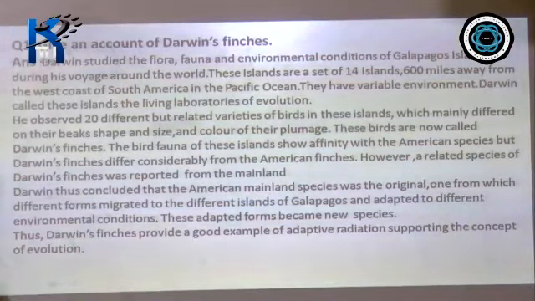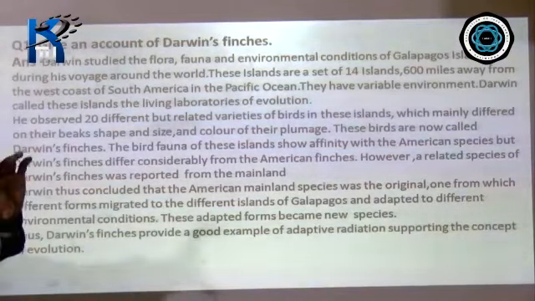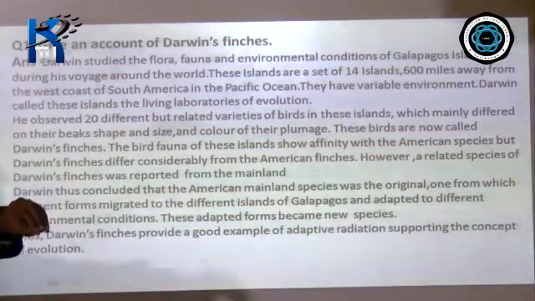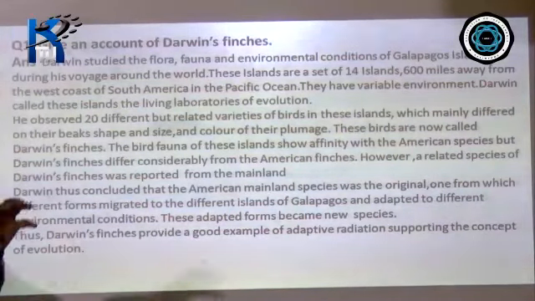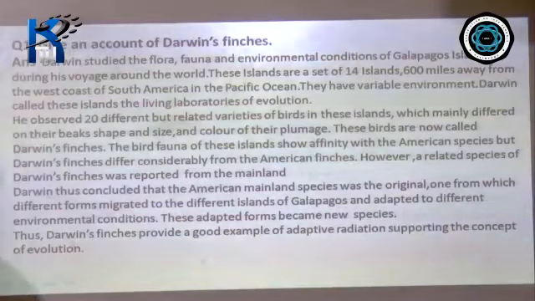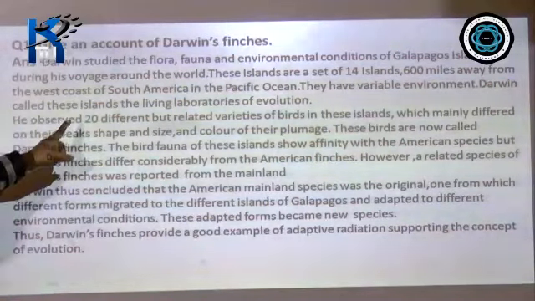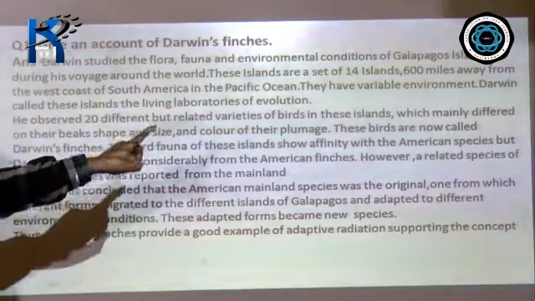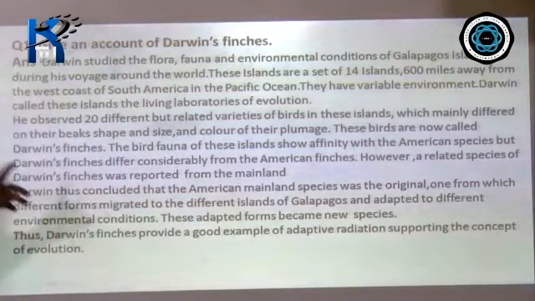So it made him think like he is doing an experiment. Like whenever you do an experiment, you take one petri dish, you have a different solution, medium condition, temperature is different. Another petri dish also has different medium condition and temperature is different. So like that you have a natural setup. So for that he named it what? Living laboratory of evolution. Then after that, from there, what did he observe?